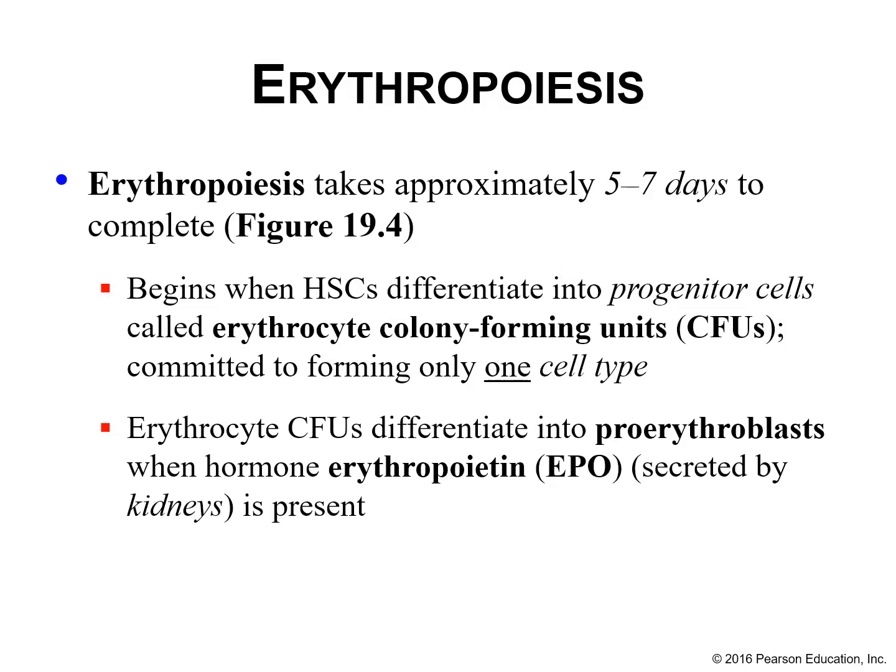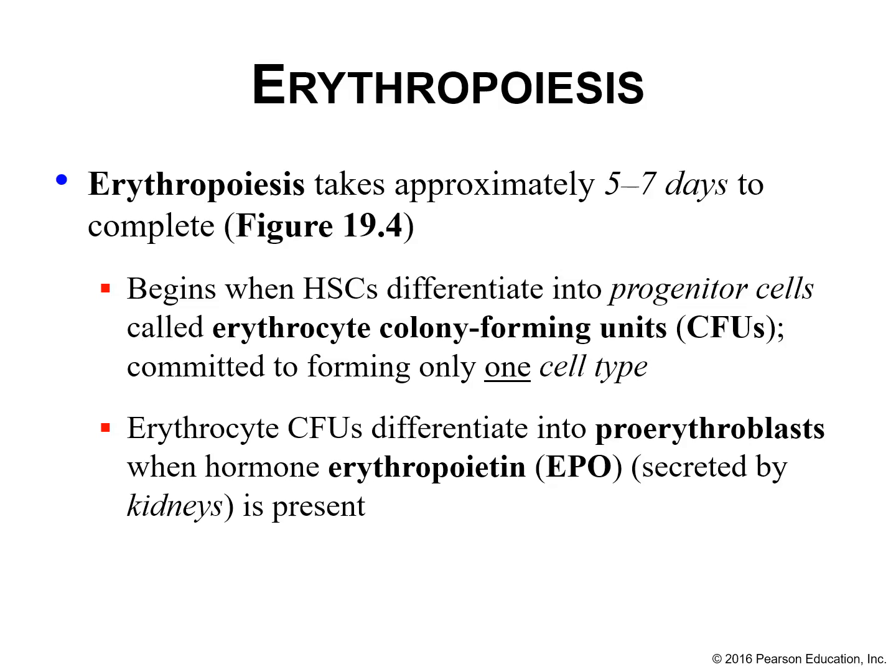It begins initially when the stem cell differentiates into a progenitor cell, referred to as an erythrocyte colony forming unit. At that point, they're committed to forming only one cell type.